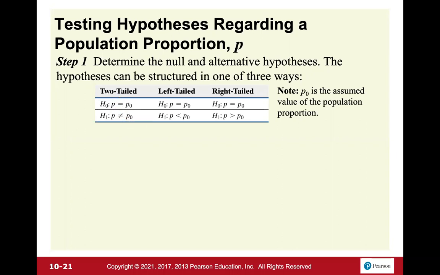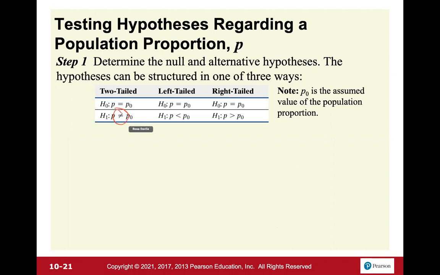The most important thing to note for all of them is that these are all equal to for our null hypothesis. So we're saying that the population proportion is equal to what we have stated. These other ones are going to be brought on from the data that we have.